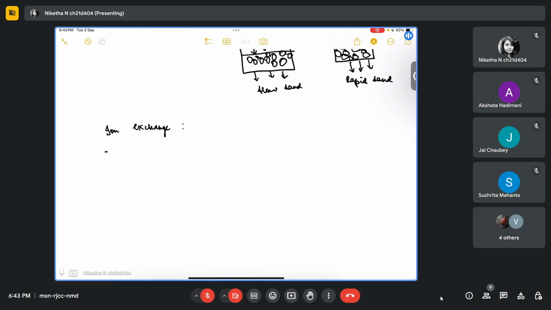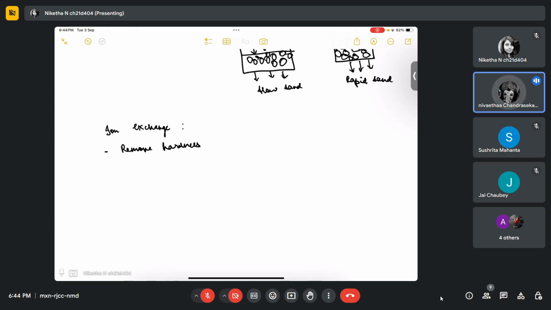So this process is generally done to remove hardness. Can you tell me what kind of ions will cause hardness in water? What kind of salts will cause hardness?